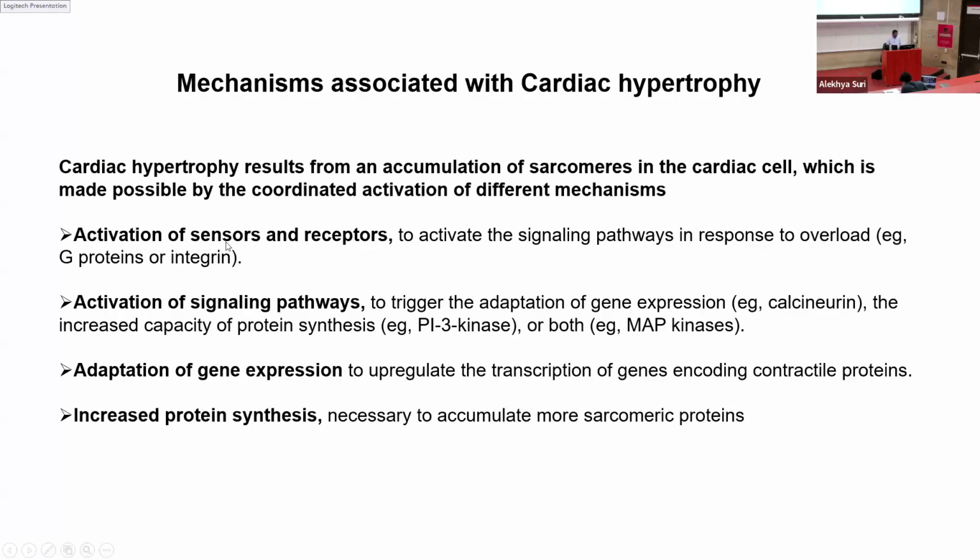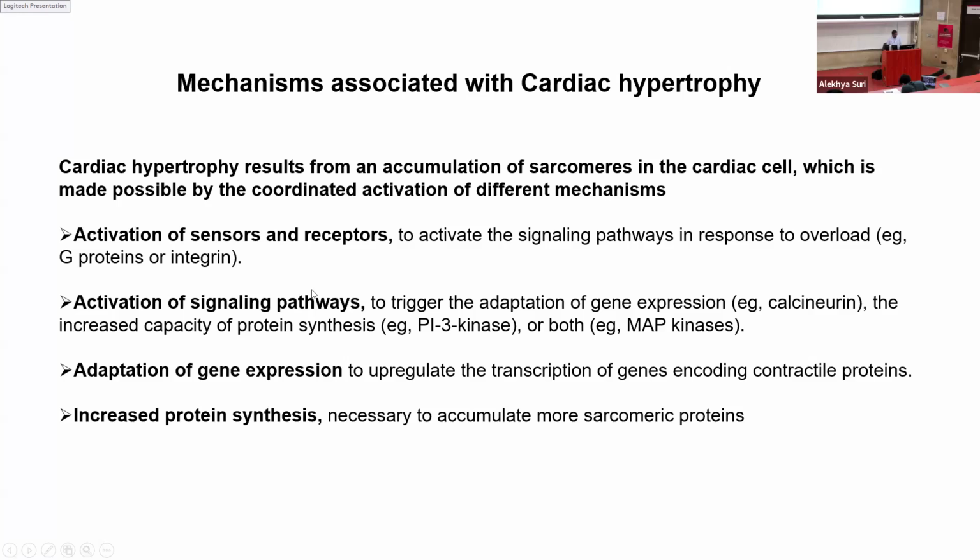Once these receptors and sensors are activated, they will activate the downstream signaling pathways, which include the calcineurin pathway, which is a phosphatase, and also the protein synthesis pathways like the PI3 kinase pathway or MAP kinase pathways.